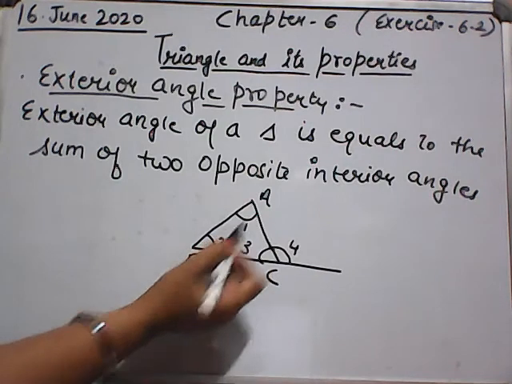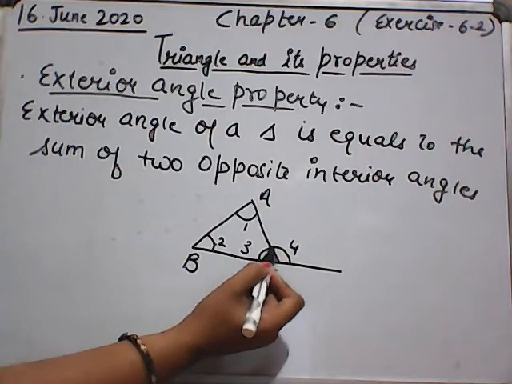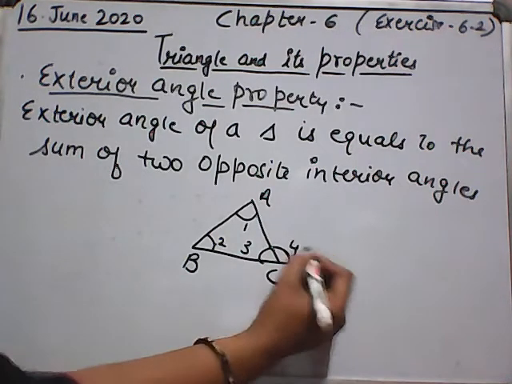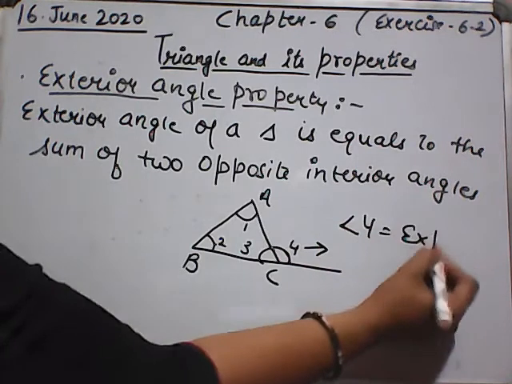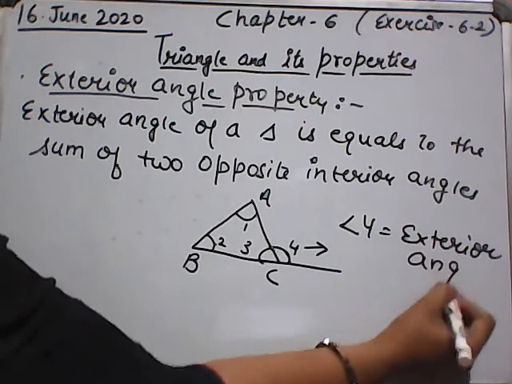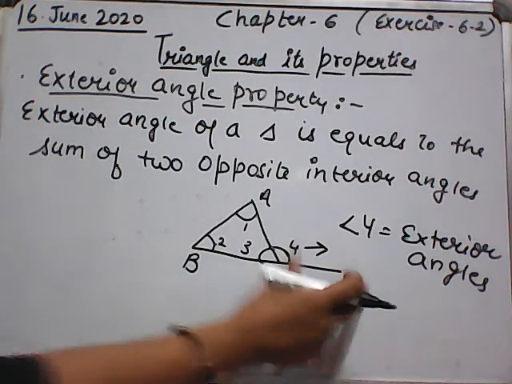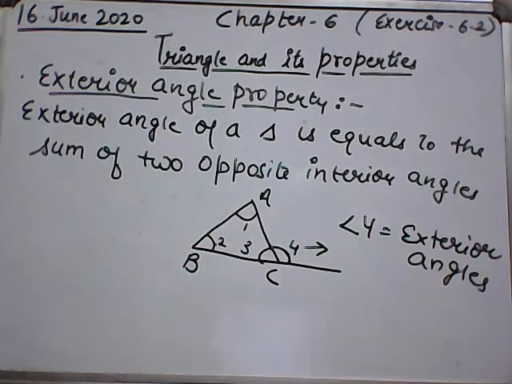That's why angles 1, 2 and 3 are known as interior angles. But angle 4 lies outside the triangle. This means angle 4 is an exterior angle. When an angle lies outside the triangle, it is known as an exterior angle. When angles lie inside the triangle, they are known as interior angles.